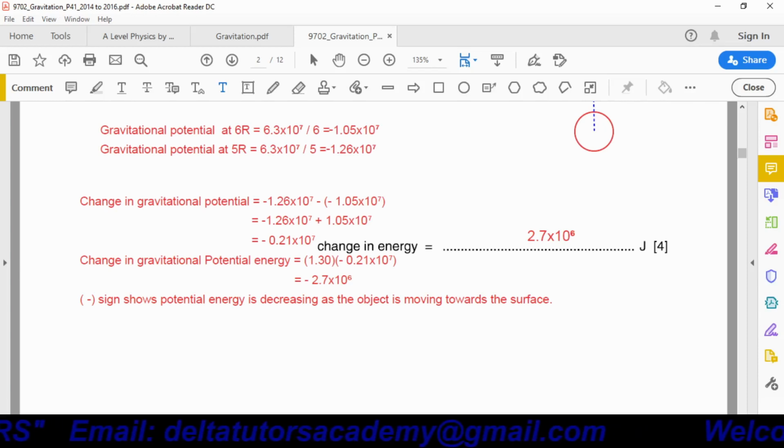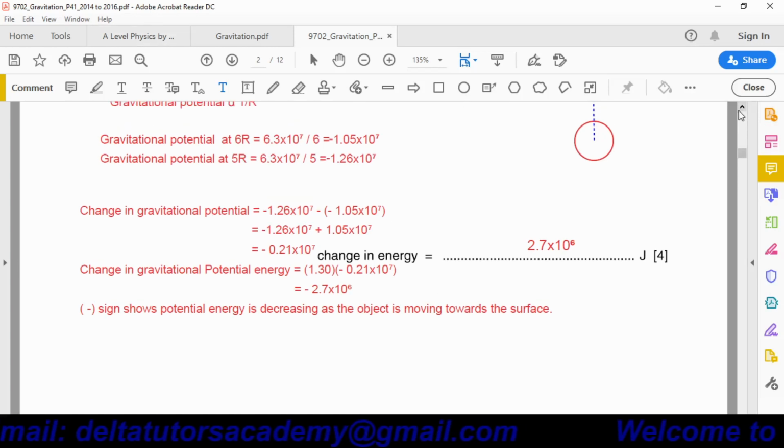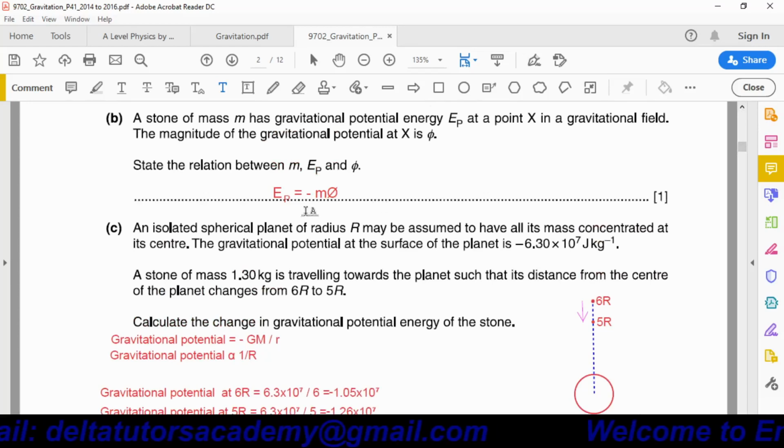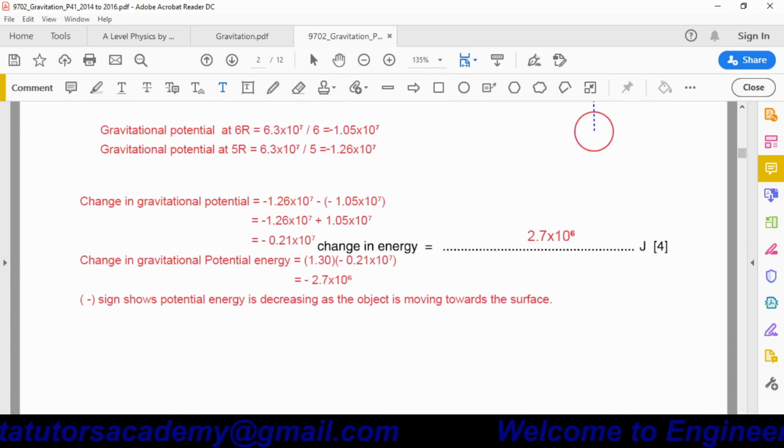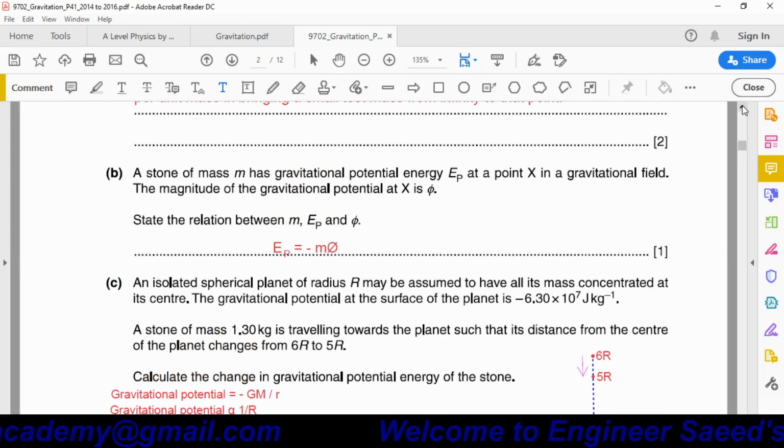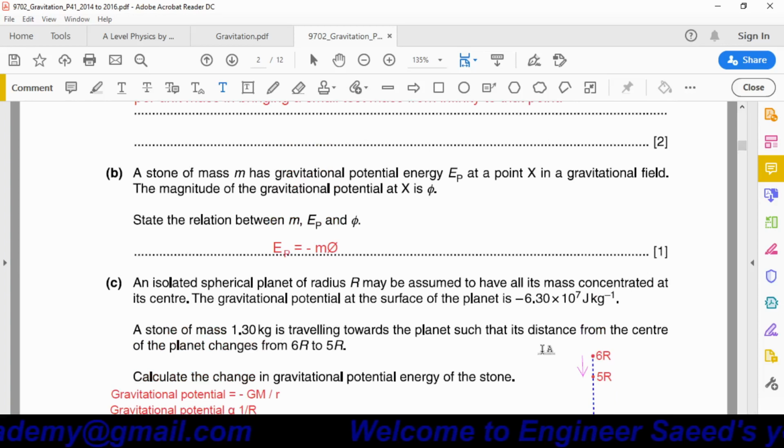Now we have to calculate gravitational potential energy. As we have seen before, gravitational potential energy is equal to m phi. The value of phi is minus 0.21 into 10 power 7, and the mass is given here as 1.3 kg.